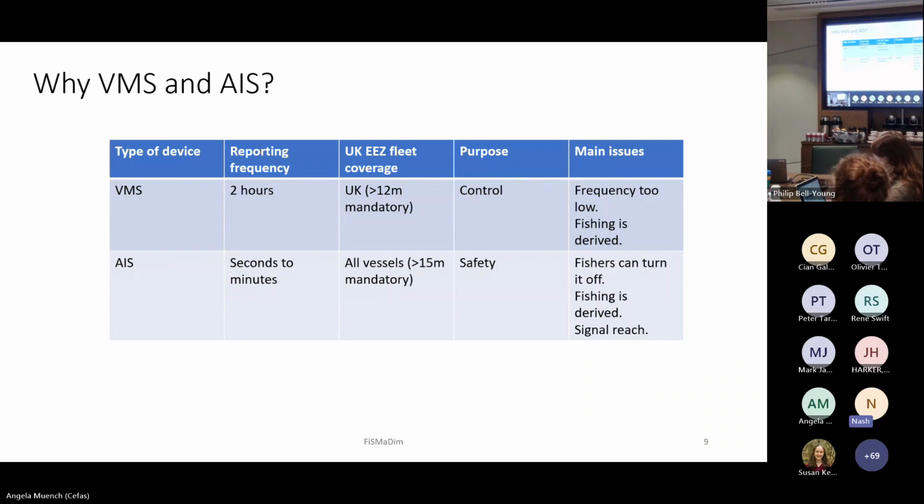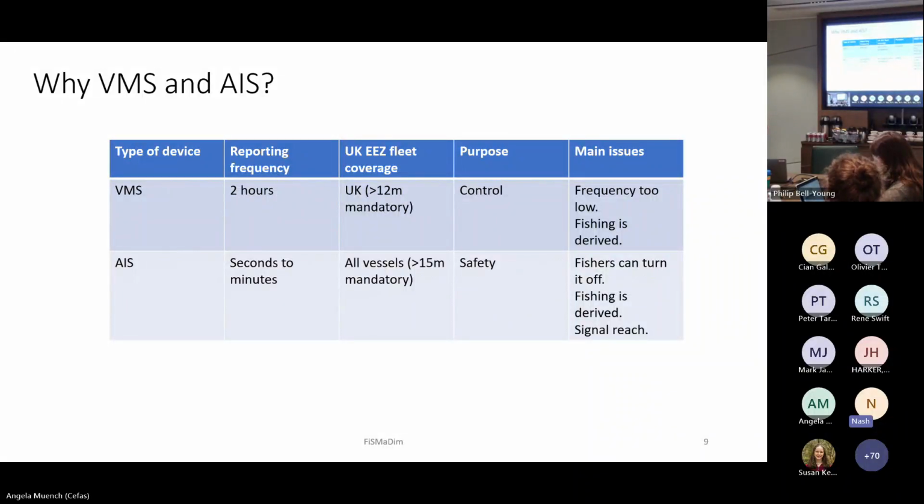And then we have AIS data, automated identification systems, and that reports the position of a vessel every few seconds to minutes, depending on the device. All vessels over 15 meters must have it, but many vessels under 15 have it for safety purposes. So it covers some of the inshore or small scale part of the fleet.